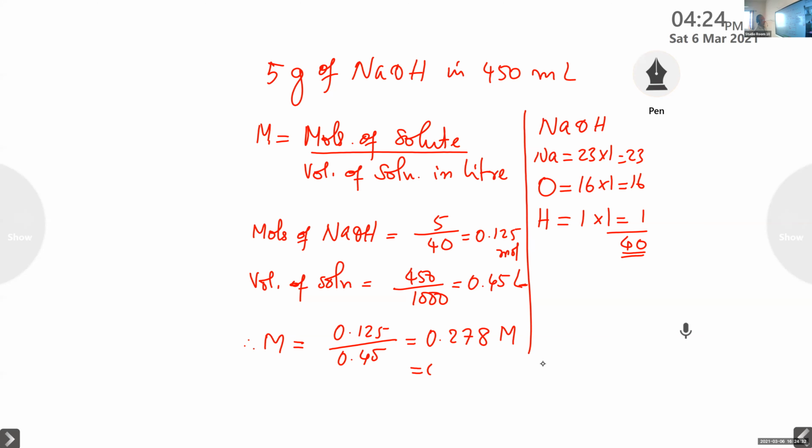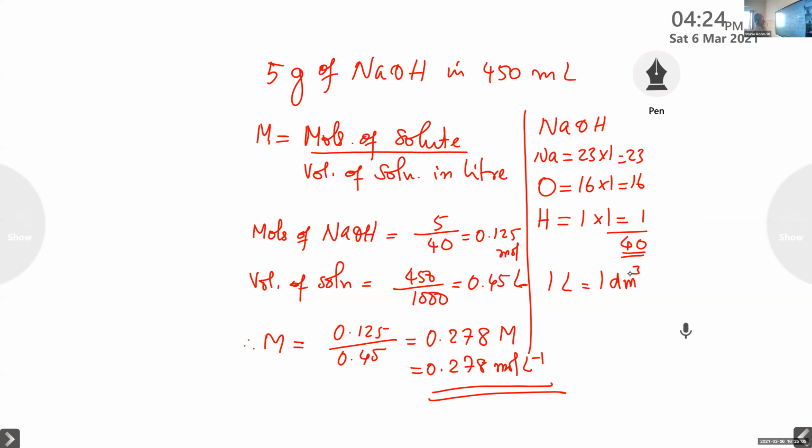Instead of liter, we can make use of the dm, that is decimeter cube. 1 liter is equal to 1 decimeter cube. So you may be given that unit also. Instead of liter, decimeter cube will be given.